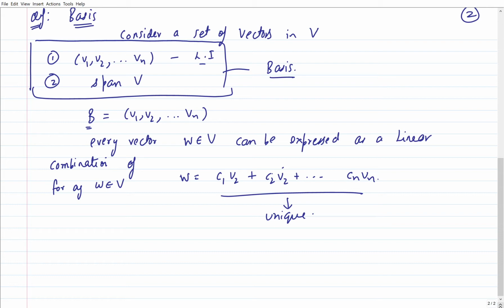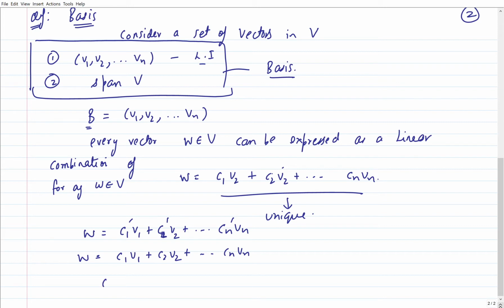How do we show uniqueness? Well, consider another linear combination, and these are equal vectors. This was our original linear combination.